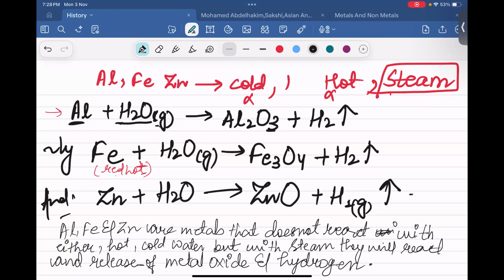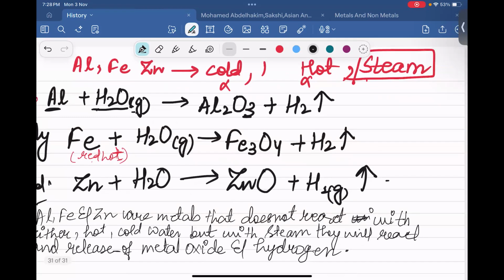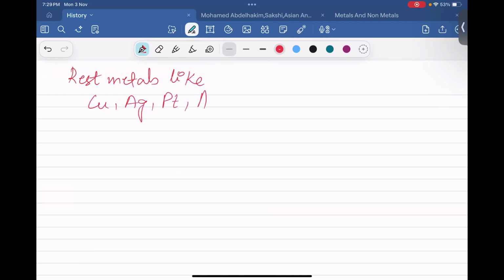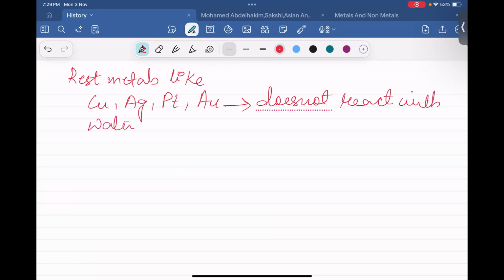Finally, the rest of the metals, those below hydrogen, that is copper, silver, platinum, and gold. All of these do not react with water or dilute acid.